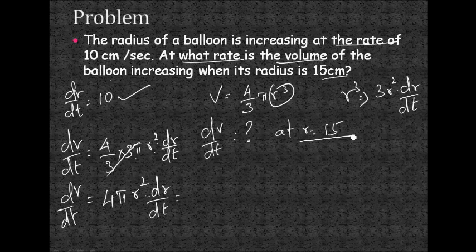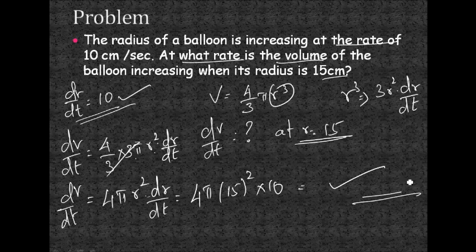Substituting the values for r as 15 and dr/dt as 10, you'll have 4 pi times 15 squared times 10, and whatever the answer is, you can give it here. This is the rate of change of volume, and please give the unit properly. This is cubic centimeter per second because it's change of volume.